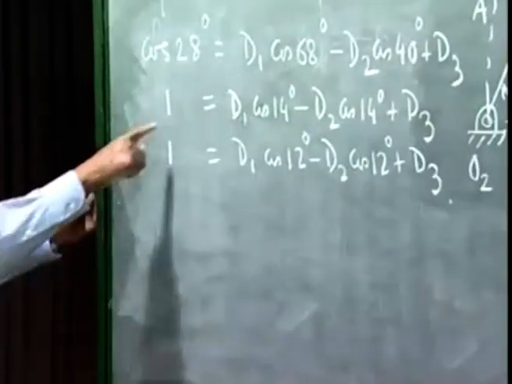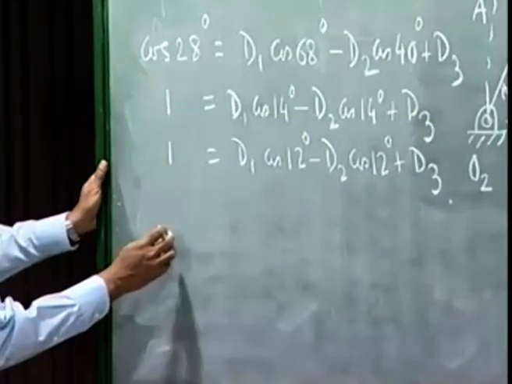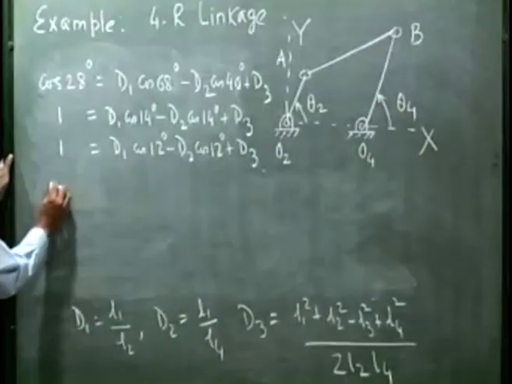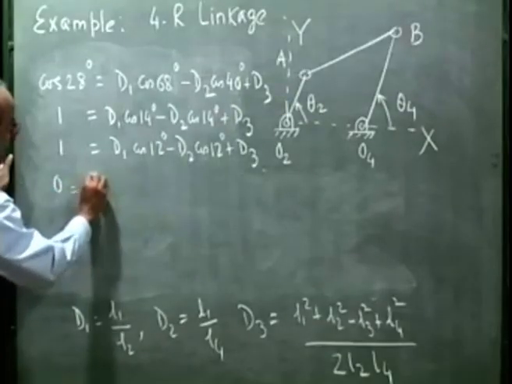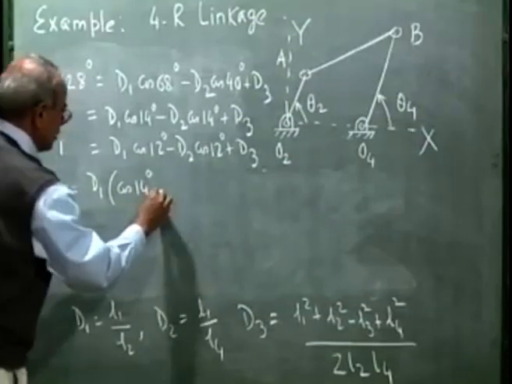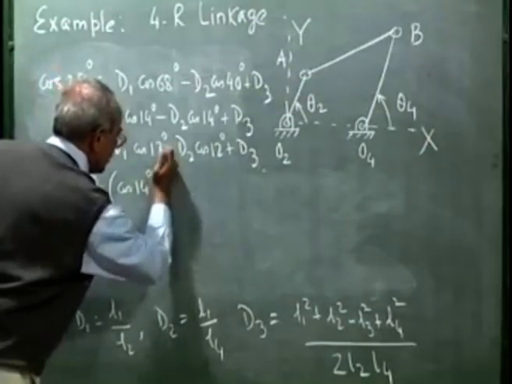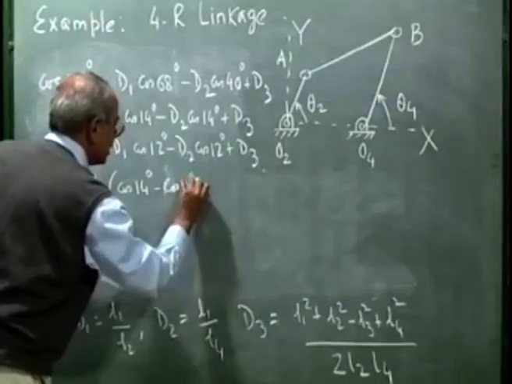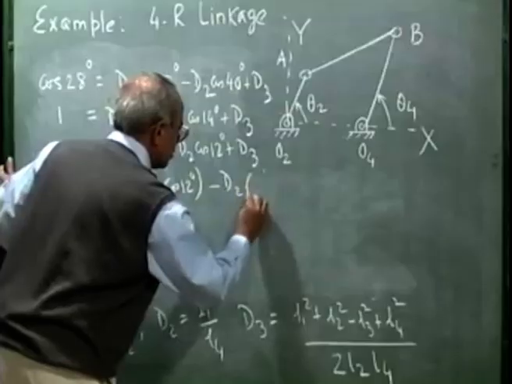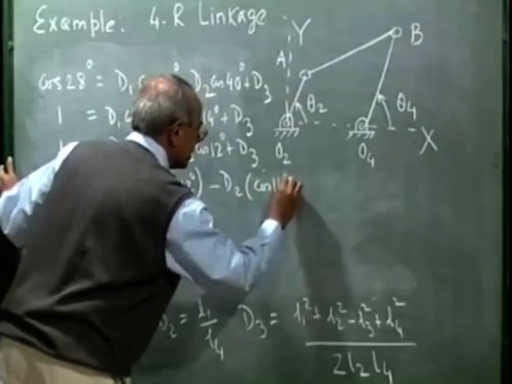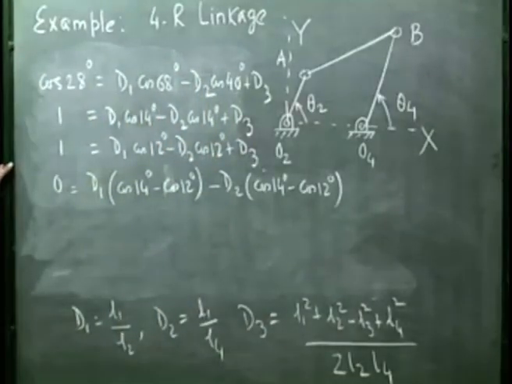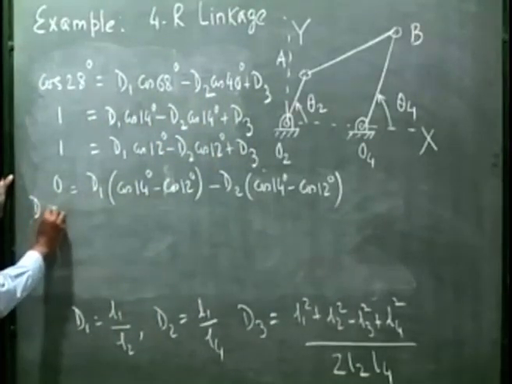If I subtract these two equations, I get 0 is d1 into cosine 14 degree minus cosine 12 degree, minus d2 into cosine 14 degree minus cosine 12 degree, which clearly tells me d1 is same as d2.